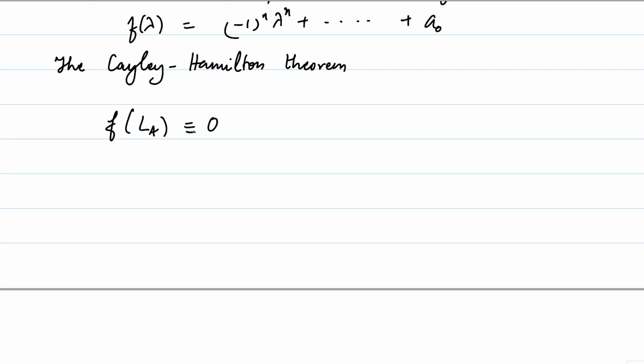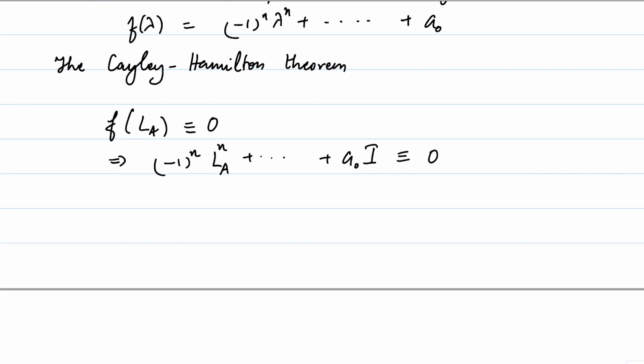That's what it means. But what is the meaning of f of LA? Equal to 0 implies that minus 1 to the power n times LA acting on itself n times plus so on up to a0 I is the zero linear operator.